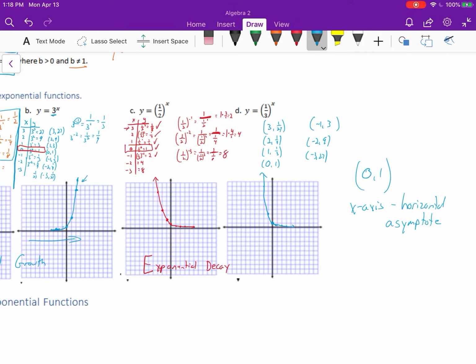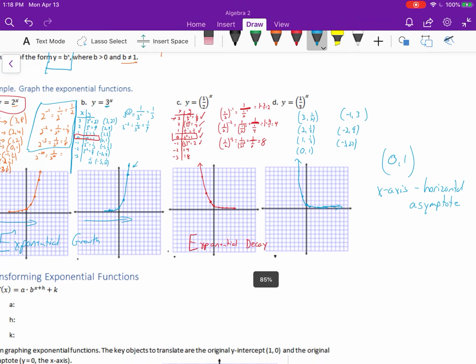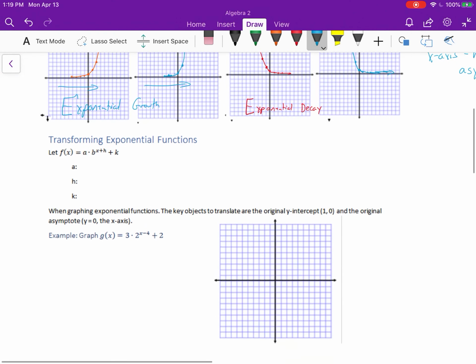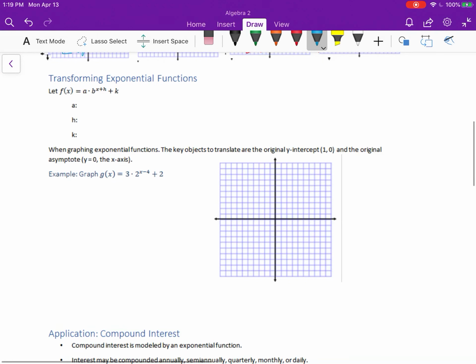An asymptote is a line that the graph approaches but doesn't reach as it's working out further and further on its domain. Well, there's other asymptotes. There's vertical asymptotes, horizontal asymptotes, slant asymptotes. But for our purposes now, the graph is going to get closer and closer to that x-axis or that horizontal line and not intersect it.